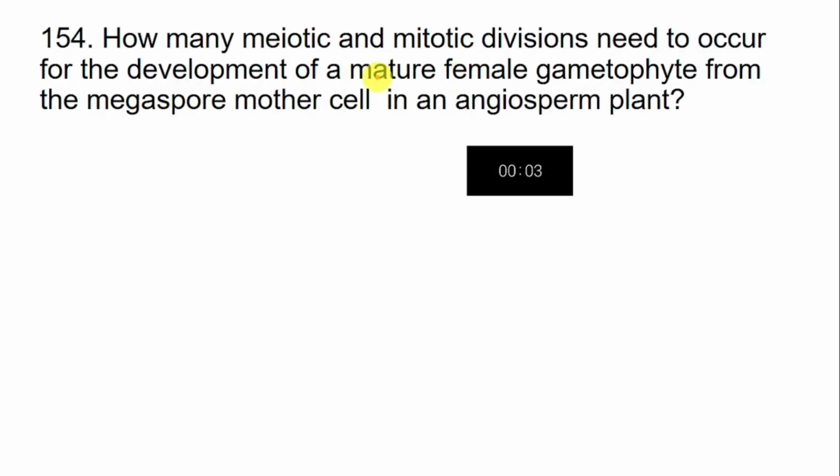How many meiotic and mitotic divisions need to occur for the development of a mature female gametophyte from the megaspore mother cell in an angiosperm plant? This development of megasporogenesis is called monosporic.